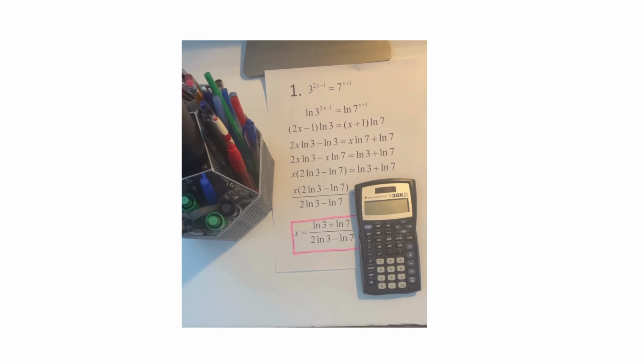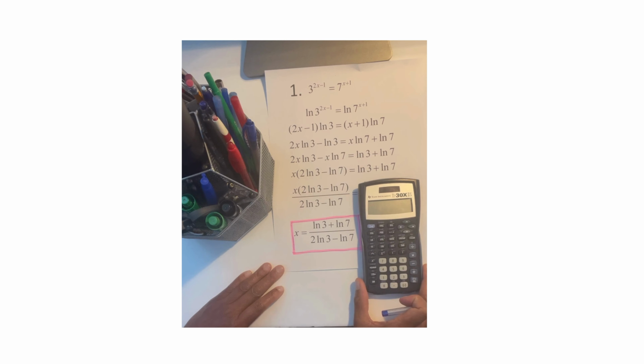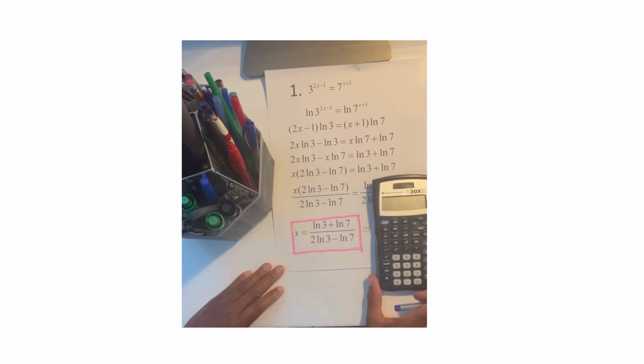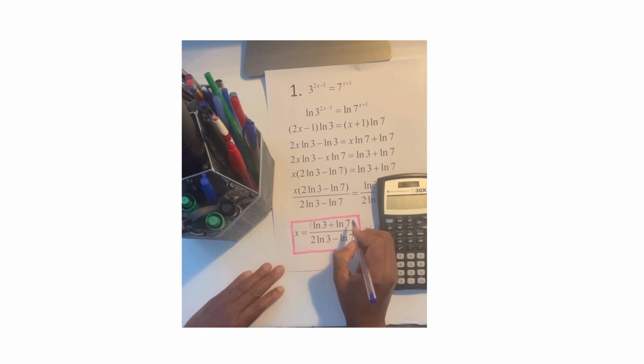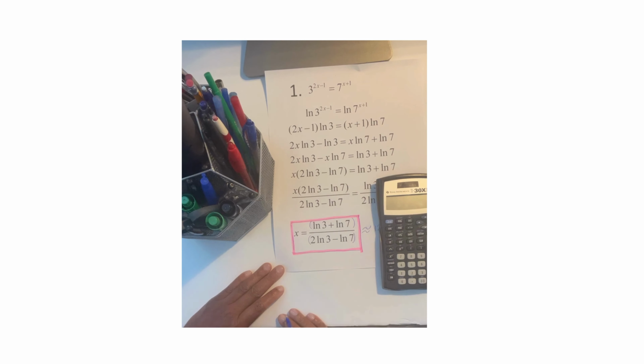Now let's do that same problem using the TI-30X2S. Before I do that, I want to mark my paper here just to show you how you're going to enter it. The little extra steps that you have to use for this calculator are, number 1, you have to always put in parentheses the top and the bottom, the numerator and the denominator.